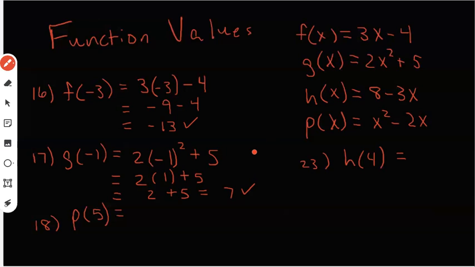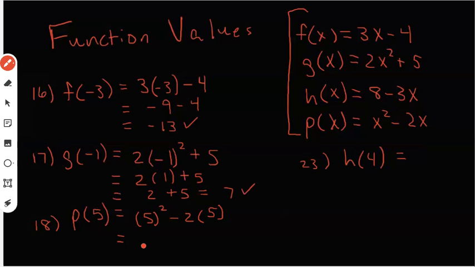All right. Now let's do number 18, p of 5. So what I'm going to do is I'm going to take the function p of x from the right side, over here. I have x squared minus 2x. So I'm going to keep everything the same, but I'm going to replace every single x with a 5. Okay, so I have 5 squared.